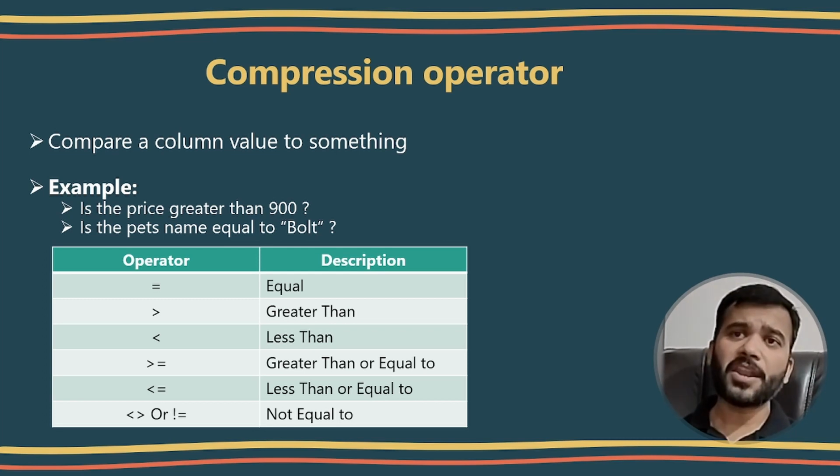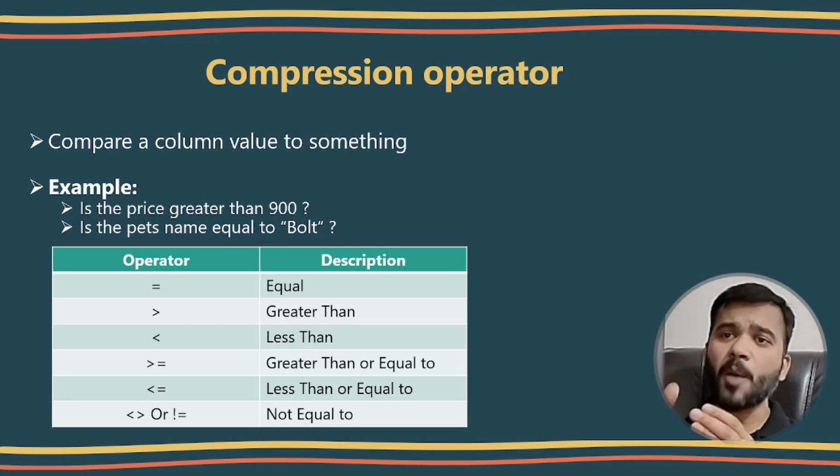Now you want certain pets whose price is greater than $900. What are you going to do? Or is the pet's name equal to Bolt? If you want to filter out these kinds of data from your pet table, from your pet inventory, then you will need to use where conditions.